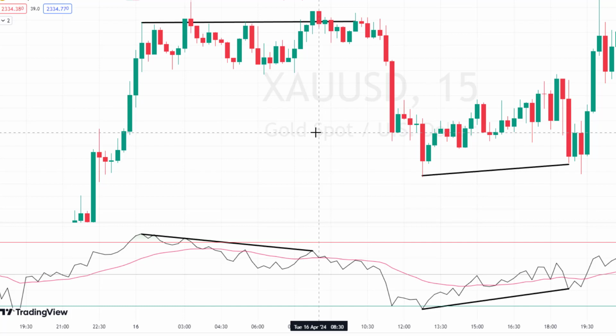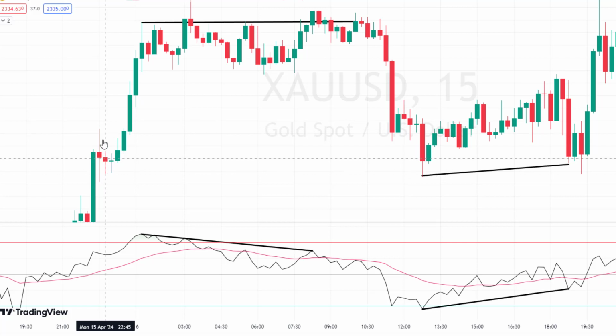If we take the trade on this breaker block level, or the start of this order block level, or order flow, which is made up of two candles, we have to place our take profit on this level.